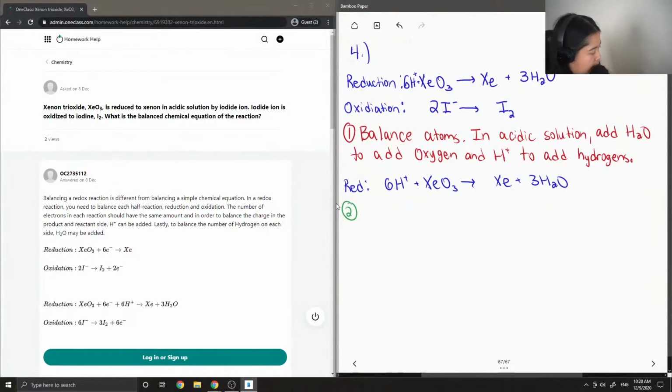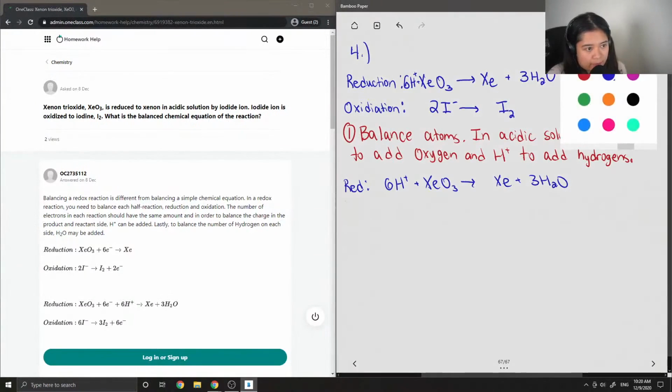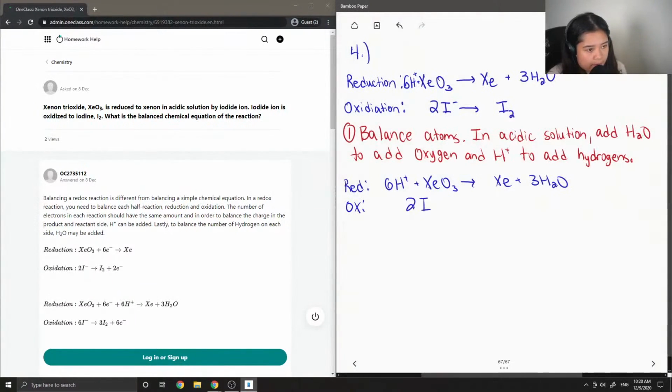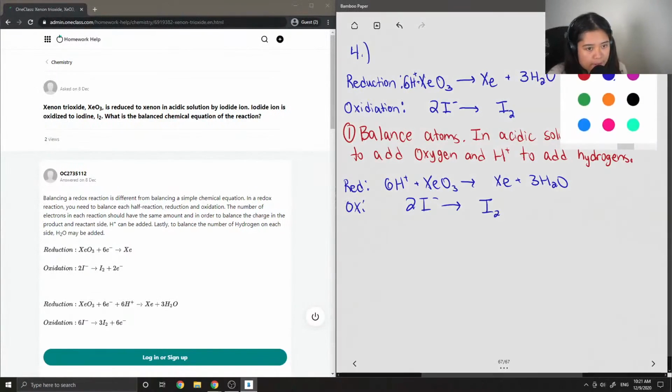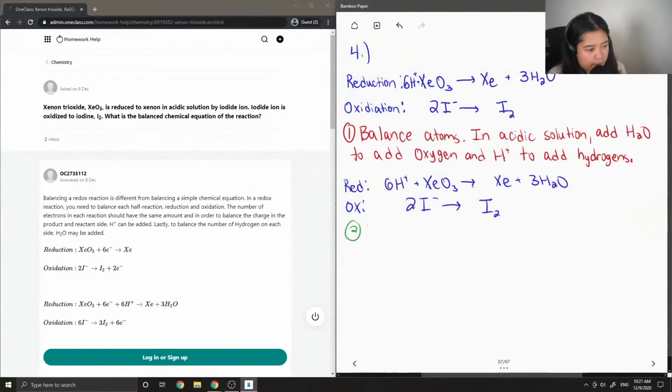So which brings us to step 2, which is to balance the charges. Oh, I didn't even write my oxidation reaction down. Oxidation, 2 iodide ions makes iodine. Okay, so step 2, balance the charges.